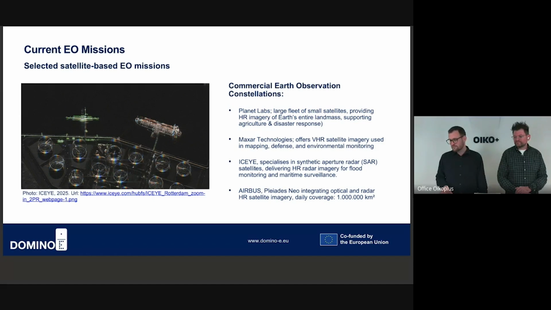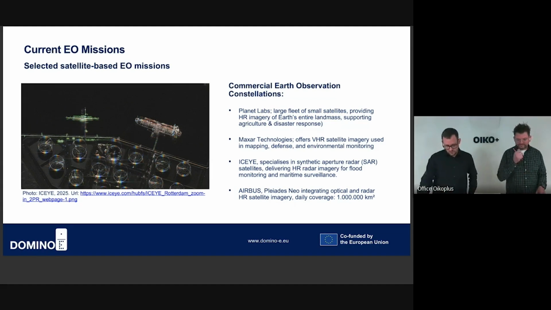And then we also have the Airbus Pleiades Neo constellation that blends institutional-grade Earth observation with commercial agility, offering wide area optical and radar imaging and covering up to 1 million square kilometers a day.